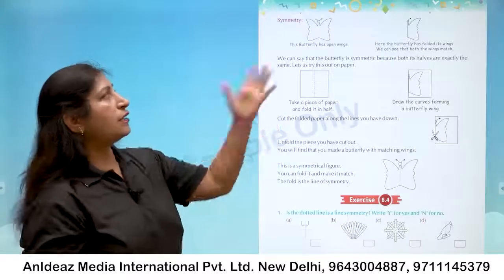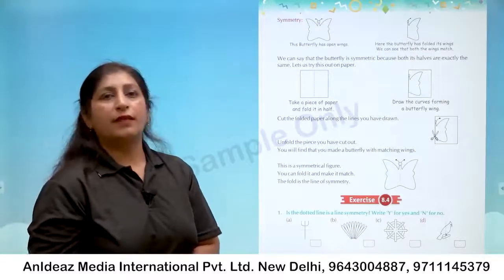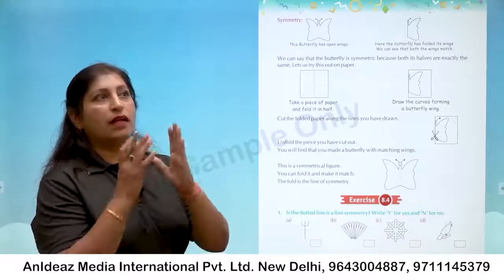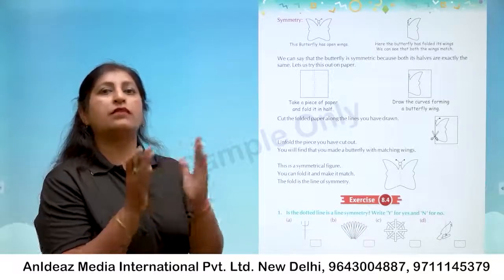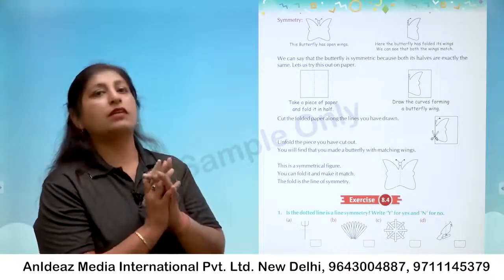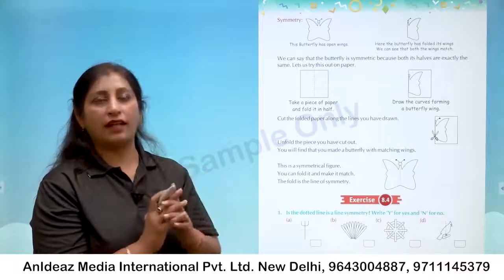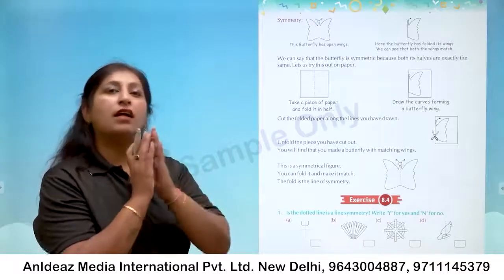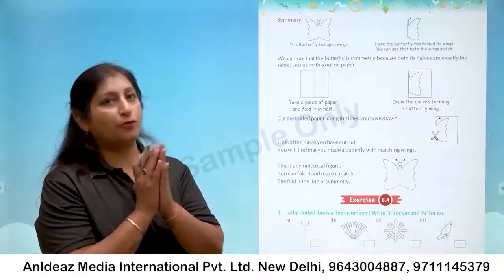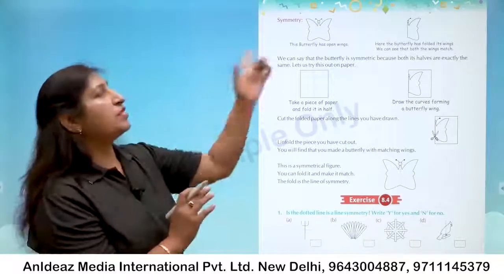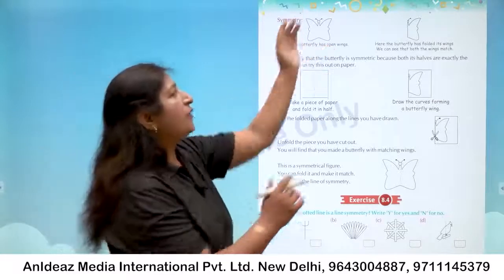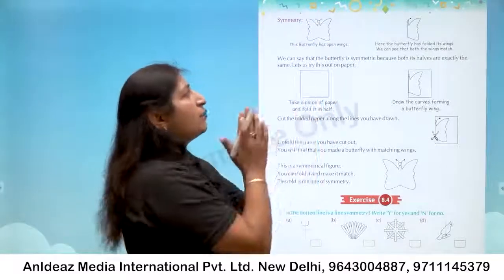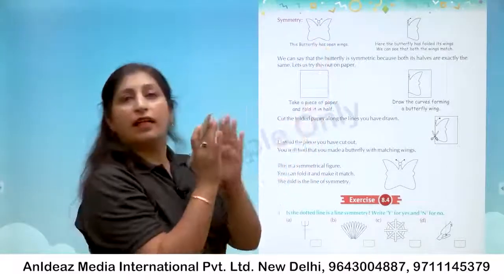Now we come to the topic of symmetry. Symmetry means we have a shape which is identical to its half portion. This means the shape is identical when talking about half portions, and the shape is symmetrical. Suppose we talk about this butterfly. Suppose this butterfly has folded its wings.